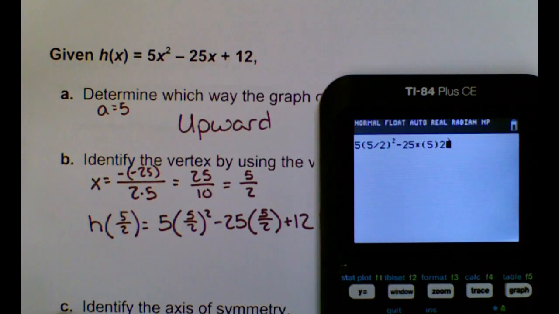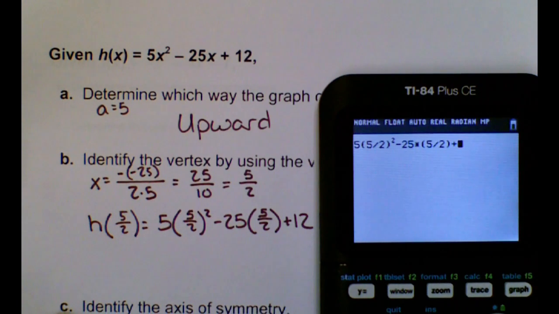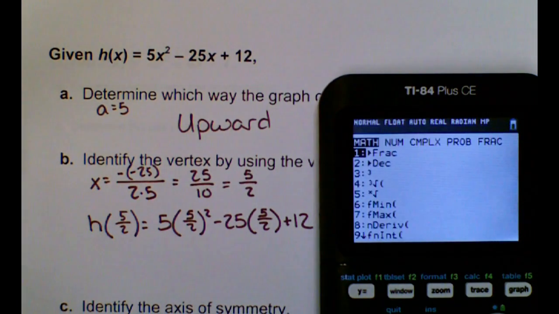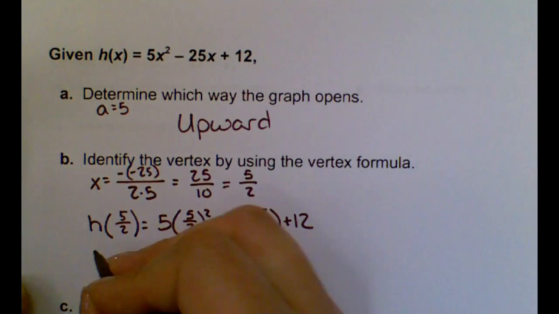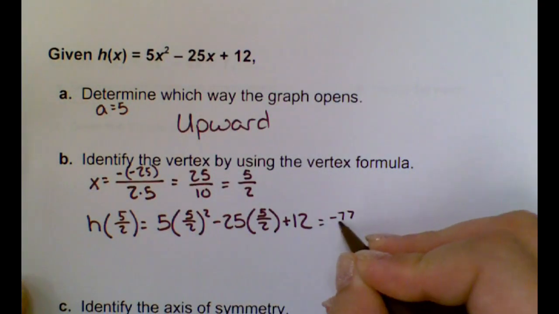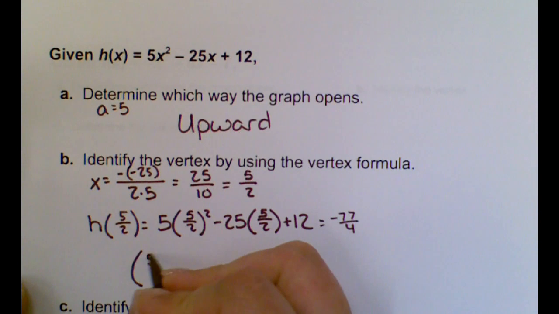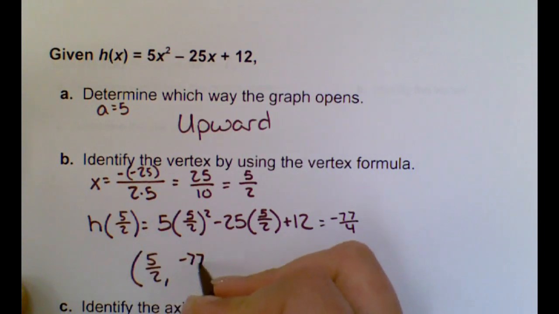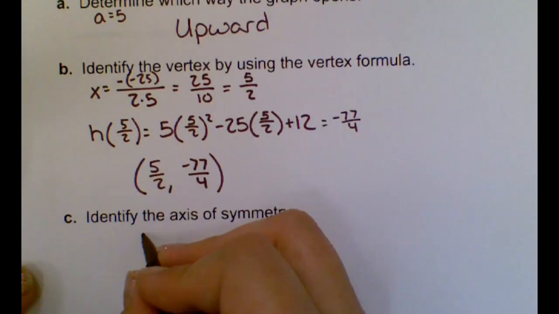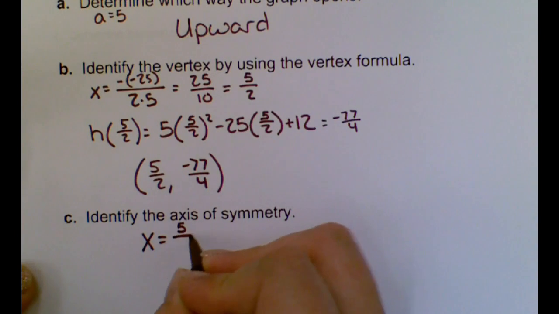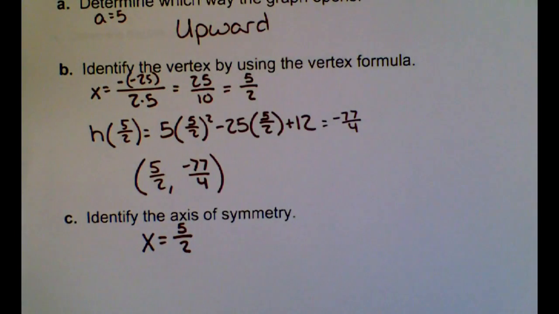That's supposed to be divided by, there we go. Plus 12. Negative 19.25. Let's keep it as fractions. Negative 77 over 4. So our vertex is (5 over 2, negative 77 over 4). And the axis of symmetry should be easy now that we found the vertex. It's x equals the x-coordinate of the vertex, 5 over 2.